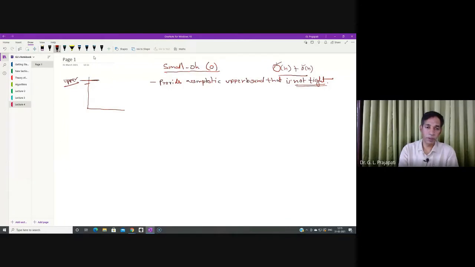And once you provide the loose upper bound, you are saying that this is the upper bound of your algorithm, which is not tight, means the upper case of your algorithm may be less, but your claim is that it will not be more than this. So for the safe side, you have specified the weak upper bound.